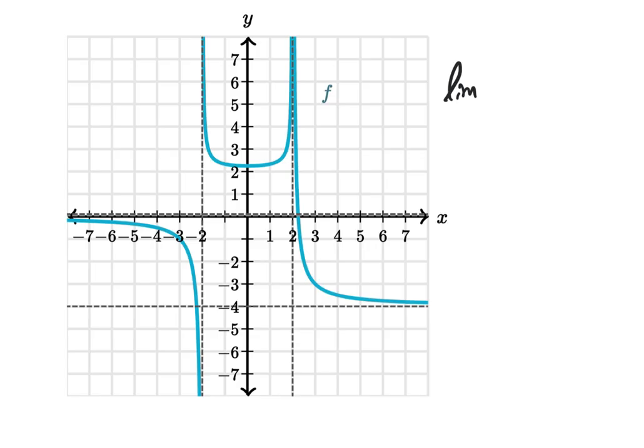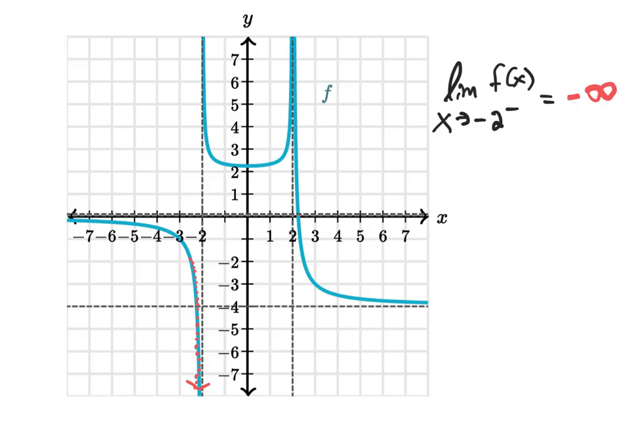So here we go. What happens when x heads towards negative 2 from the left side of our function f? And if you look, as we try to go towards negative 2 here, this is going down, down, down, down. And so we could say negative infinity, right?